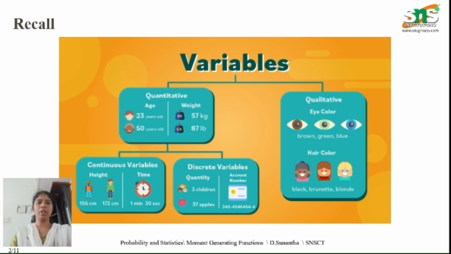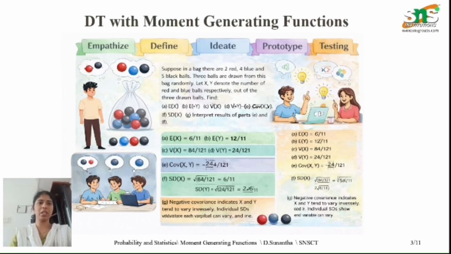Therefore, M_X(t) is equal to summation e power tx p of X equal to x. Similarly, M_X(t) equals the integral of e power tx f of x dx for continuous type of functions. Similarly, we can write variance of X, covariance, standard deviation, etc.